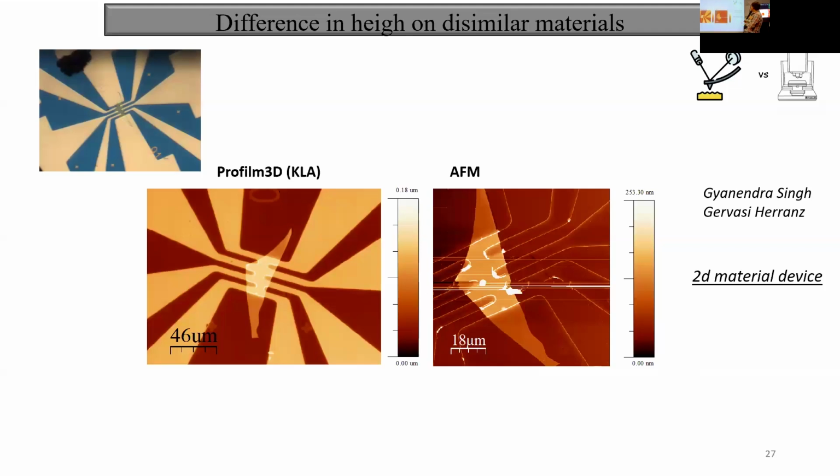Another example of a device from Yanendra and Yerbasi. This is the image of profilometry, and the image looks great, super nice, but you can notice that the contrast is inverted. This is higher, and here is lower, okay?